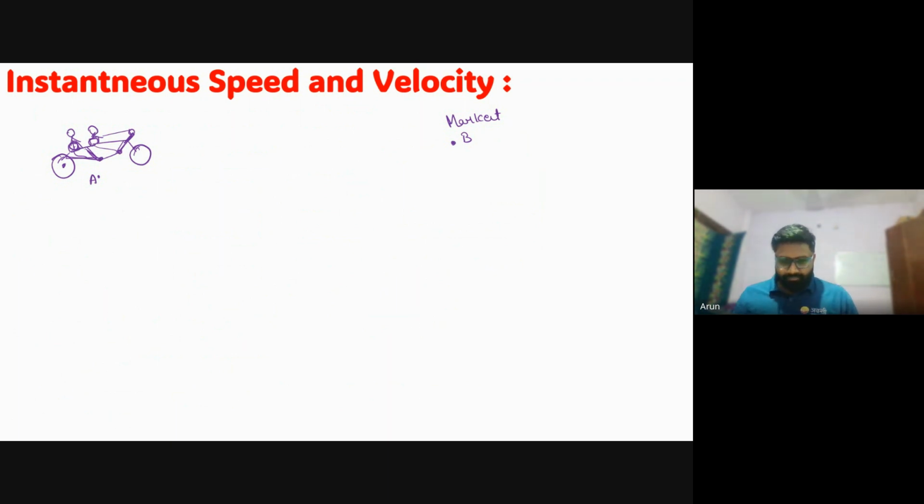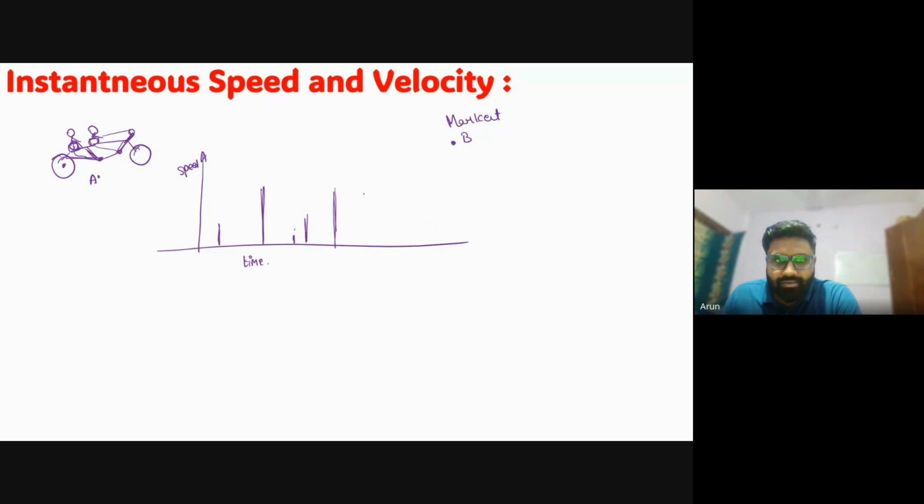Got it? So suppose I take a graph to draw it. Let's say this is your speed and this is the time we have taken. At a particular time your speed is too low. I'm drawing it with bars, and at a particular time the speed is too high, then too low, then medium, then too high, then very high, very low.